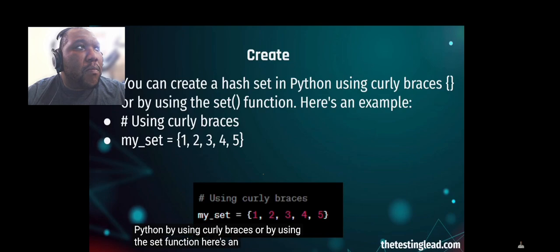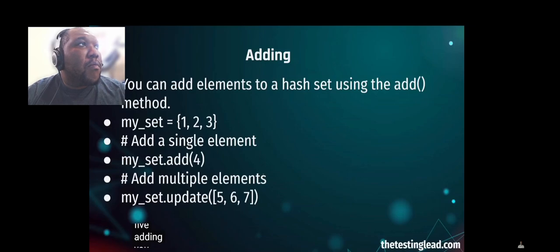Here's an example. my_set = {1, 2, 3, 4, 5}. Adding. You can add elements to a hash set using the add method. my_set = {1, 2, 3}.